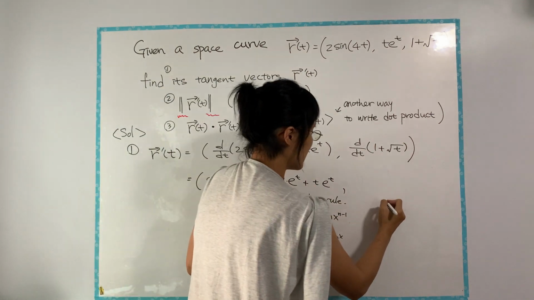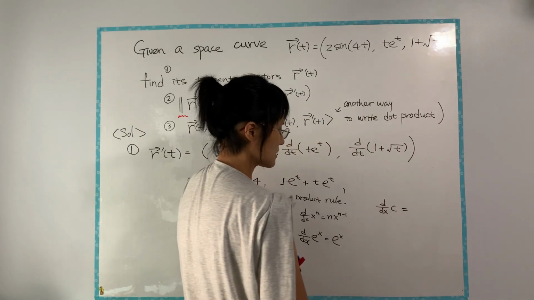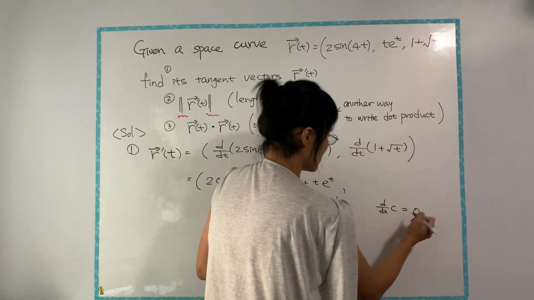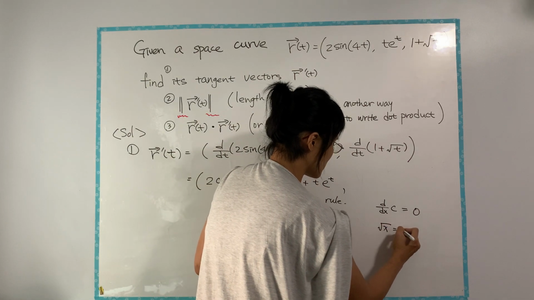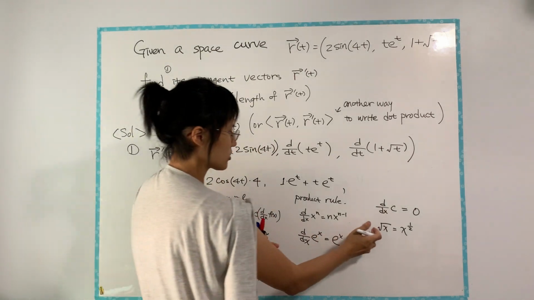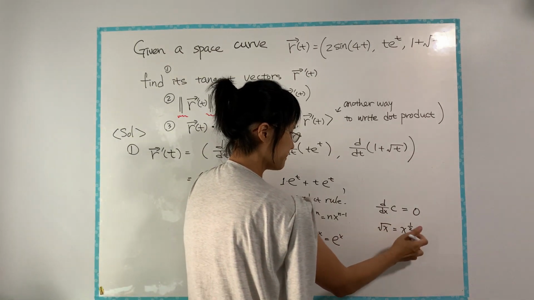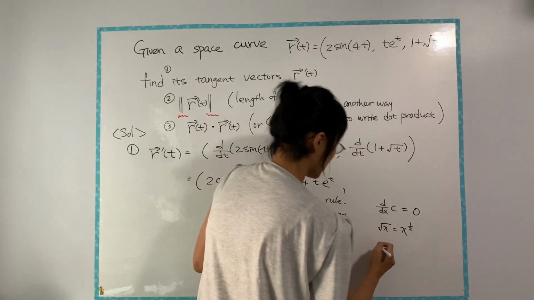And last, I have a constant. For any constant, the derivative of a constant is equal to 0. And I know that square root of x is equal to x to the power half. I know how to go back and forth between square root and power functions.